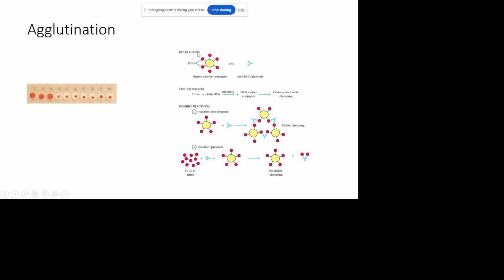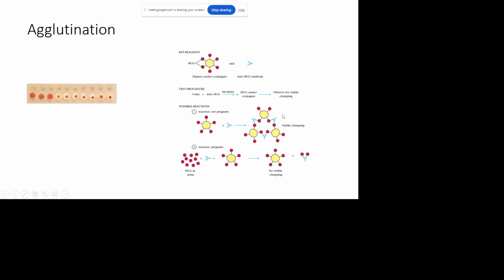Why? Because the kit is already providing a hapten carrier conjugated HCG, right? And the anti-HCG antibody. So when this anti-HCG antibody binds to this HCG, then they will make a cross link, right? Which will result in a visible clumping.